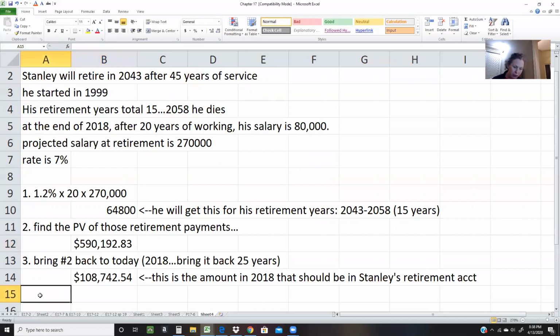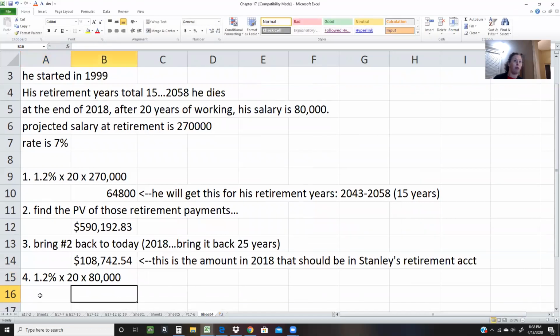Number 4 says, even though pension accounting focuses on the PBO, the ABO is disclosed. What is the ABO at the end of 2018 with respect to Stanley? So now we need to do steps 1 through 3 for the ABO instead. The first thing we'll do is take 1.2% times 20 years times, instead of the 270,000, the only difference is we use the 80,000, which is his current pay instead of his projected pay.